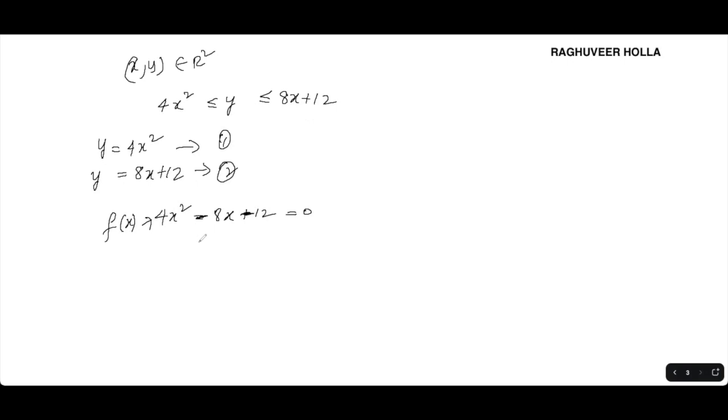When we rewrite this, it is x² − 2x − 3 = 0, to get the roots, which are x = −1 and 3. So we got the x values. Let us have a look at the figure.